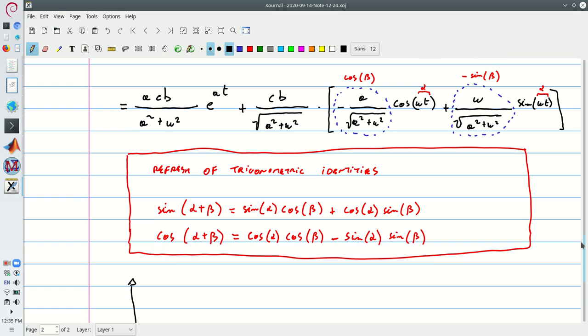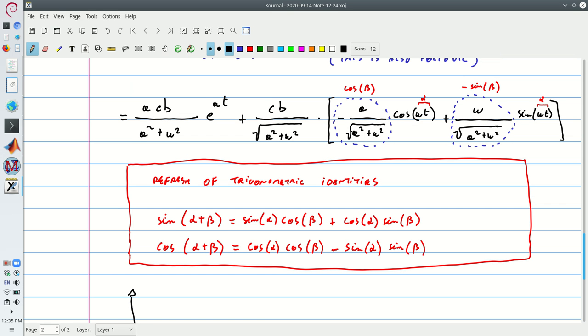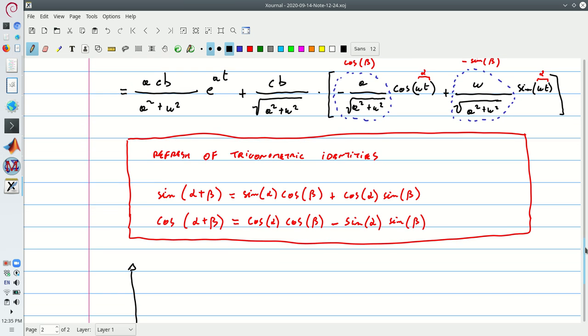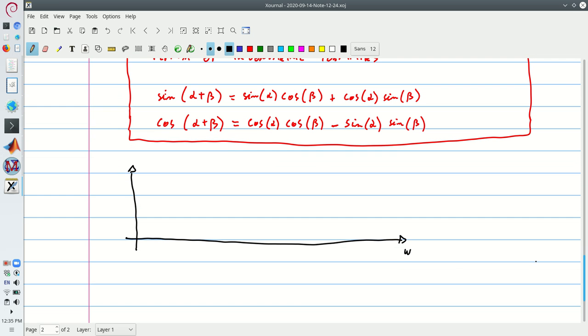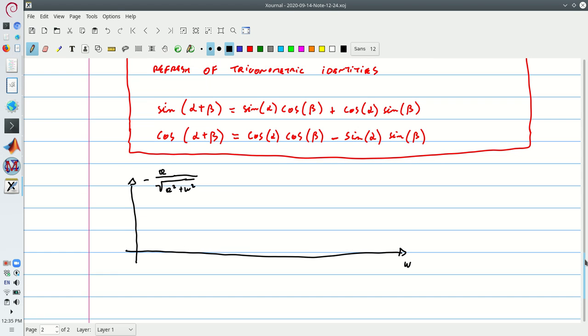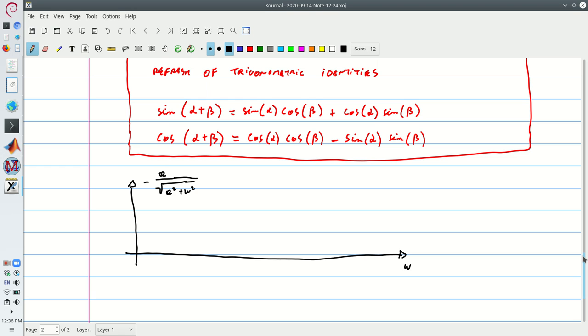These are two quantities, and let's see if we can make some observations about these functions. Let's start with minus a divided by the square root of a squared plus omega squared. Here I put omega on the x-axis, and here minus a divided by the square root of a squared plus omega squared. I want to plot this for different values of omega. Let's start when omega is equal to 0.